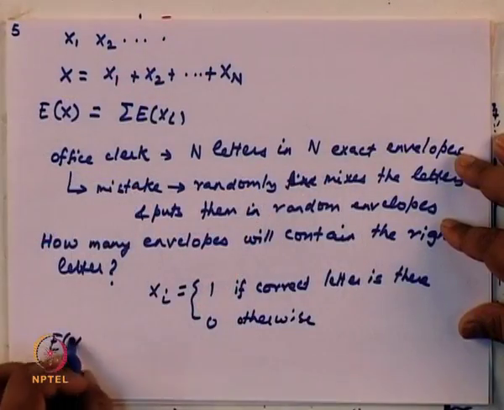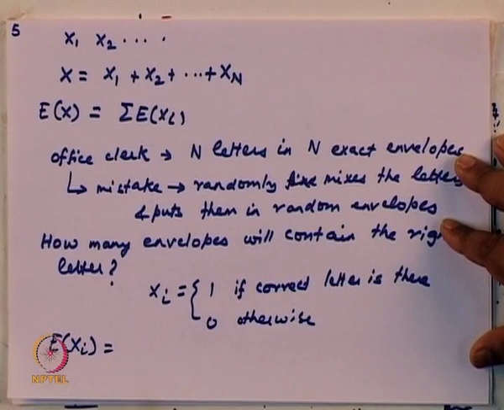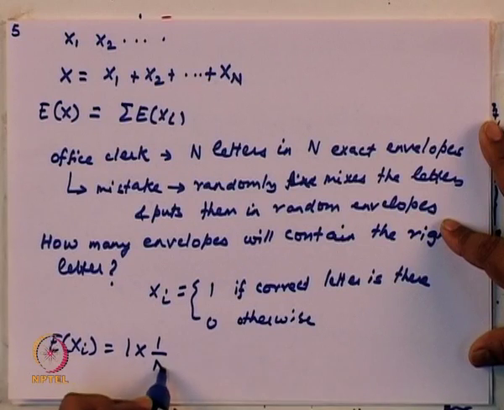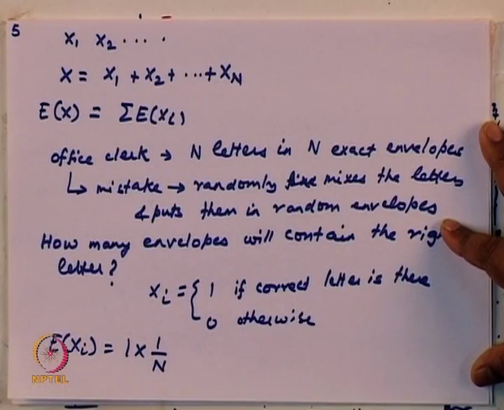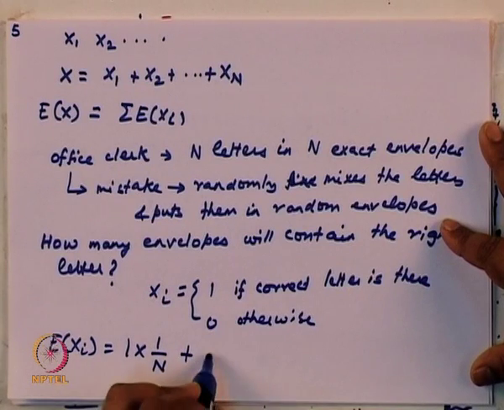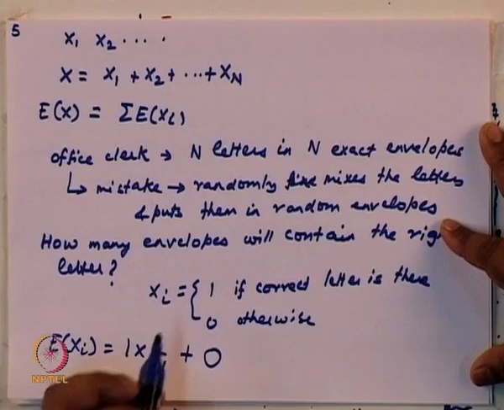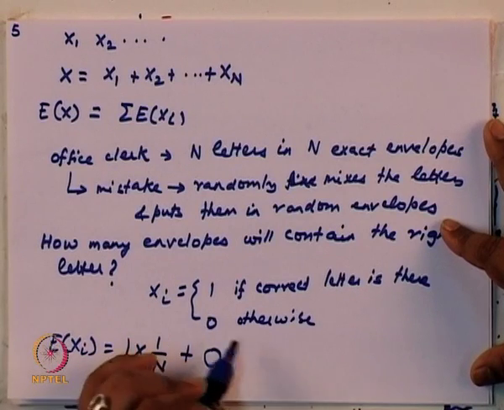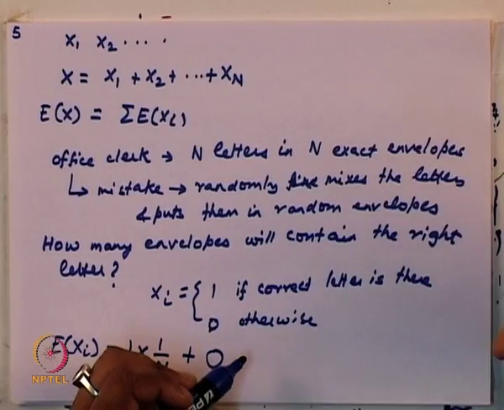There is only one possibility out of a total of n. So, you can draw 1 out of n envelopes in n different ways. So, your expectation of xi is nothing but 1 into the probability, which is 1 by n as we calculated, plus for all other cases it is 0, because the xi is 0 and your probability can be anything.